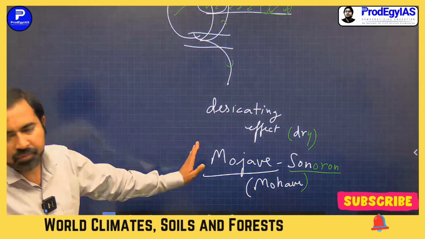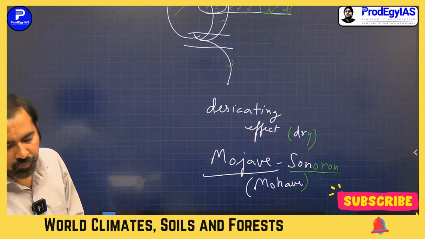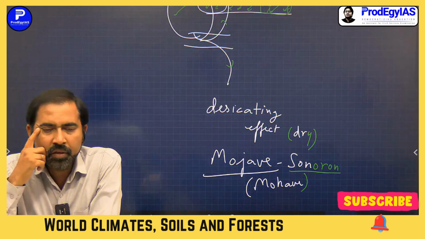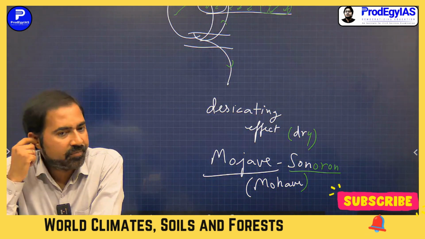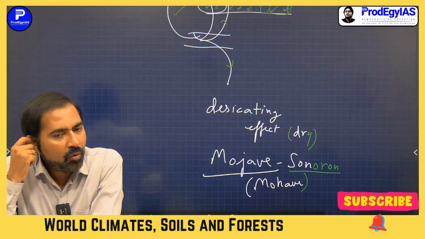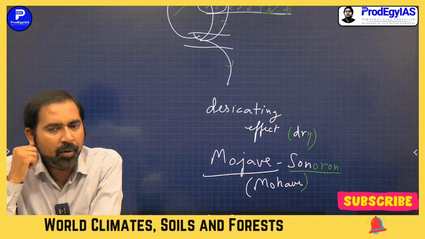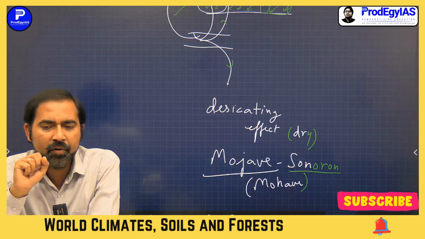This is a type of coastal desert found nearby the coast of California. It is due to the effect of the cold Californian current. In the adjoining part of Californian coast, this small desert is found.